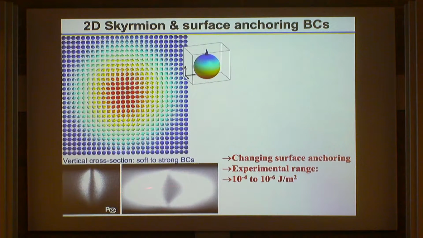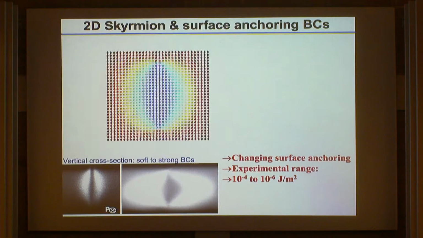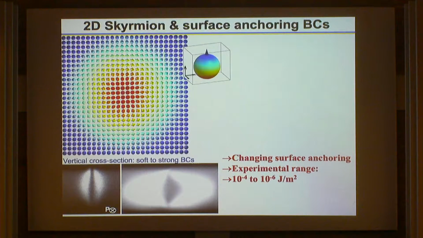So in here you can see 2 extreme examples of weak and strong surface boundary conditions. And what they correspond to is shown here numerically. Again, this is a top view of such a skyrmionic structure that has a field configuration that fully covers the S2 sphere.